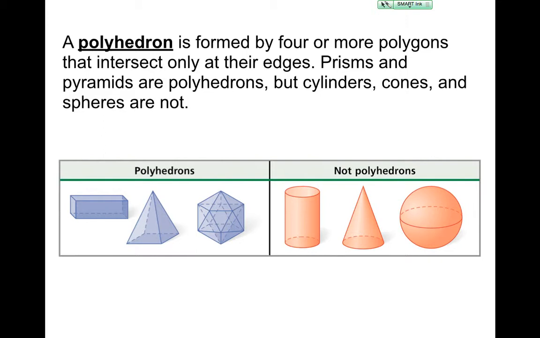And you can name polyhedron just by how many faces they have. A lot of the same prefixes, like a cube. How many faces does a cube have? 6. What's the word for 6 in polygons? Is it a hexagon? So instead of hexagon, it would be hexahedron.